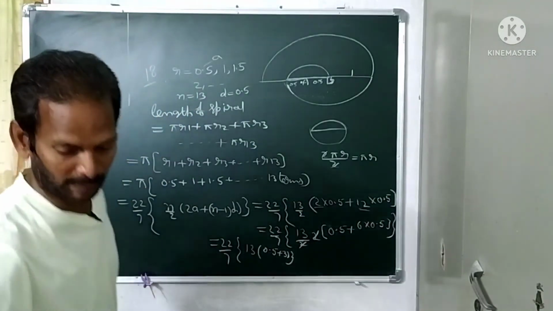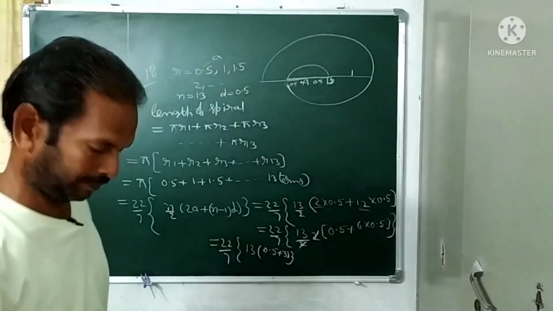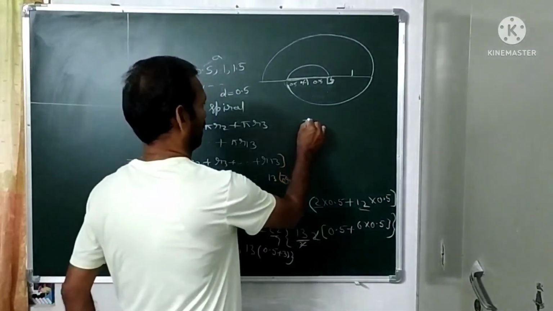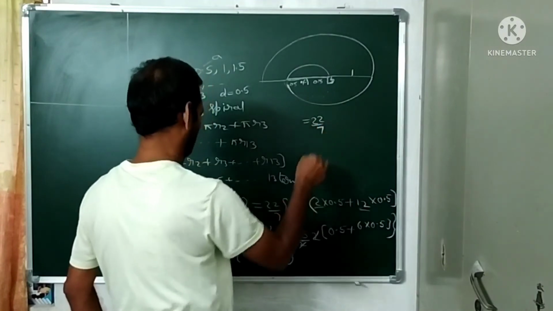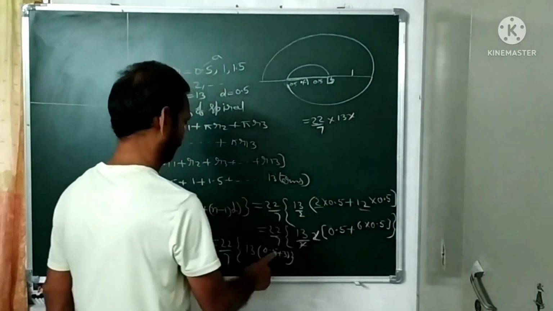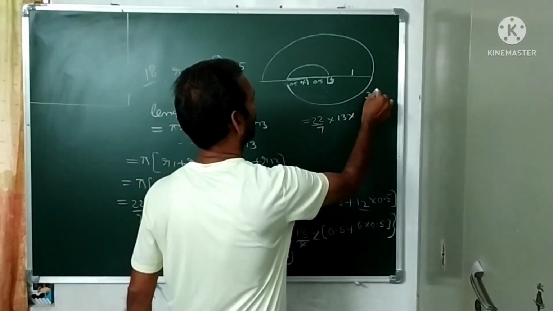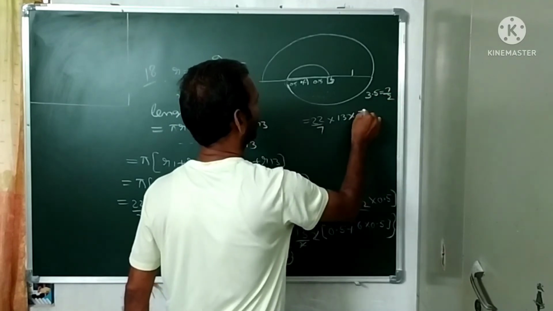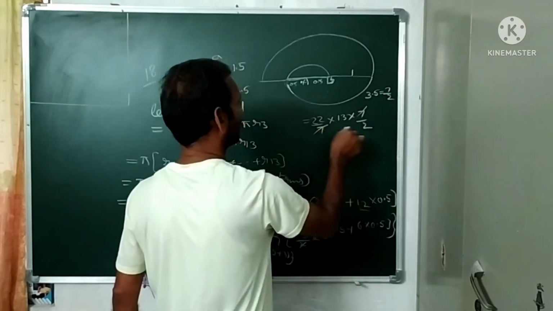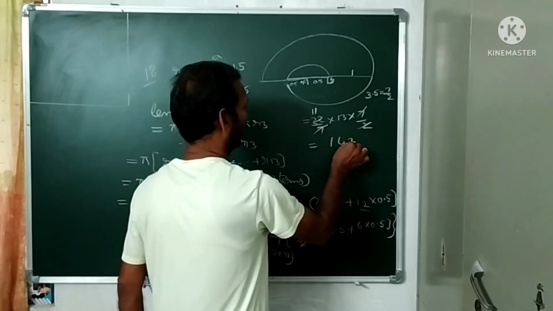I am writing the final answer here: 22 by 7 into 13 into 3.5. 3.5 is equal to 7 by 2. 7 cancels. 2 and 22 gives 11. 11 times 13 is 143.